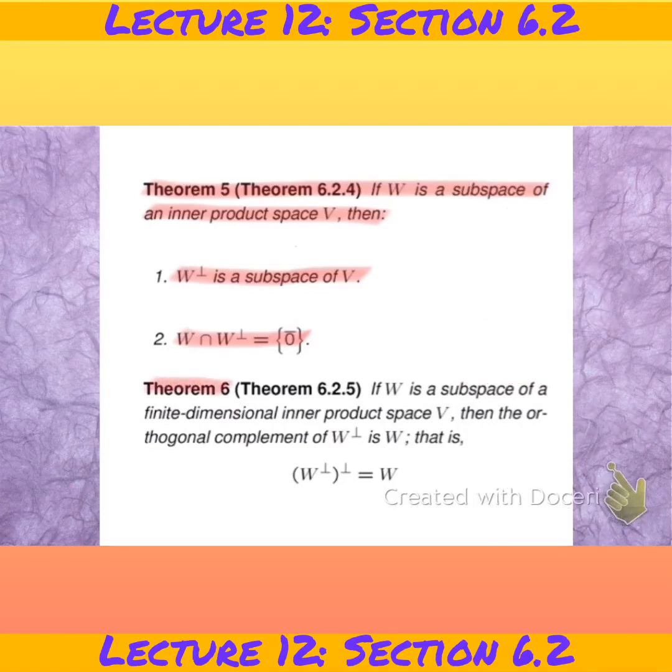Right, the next theorem here is: if W is a subspace of a finite dimensional inner product space V, then the orthogonal complement of the orthogonal complement of W is in fact W. Now we actually did look at an outline of this proof when it came to the dot product, I think it was chapter 4.